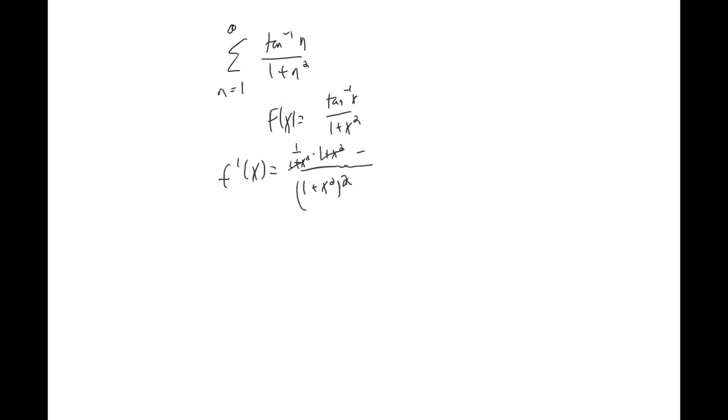And then the derivative of 1 plus x squared is 2x, right? Yeah, it should be 2x. And tan inverse of x, right? So you get 1 minus 2x tan inverse of x over, yeah.